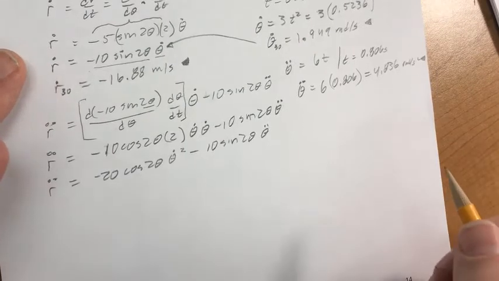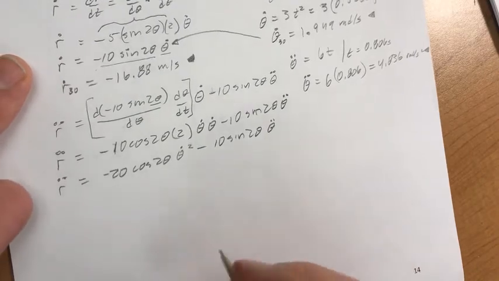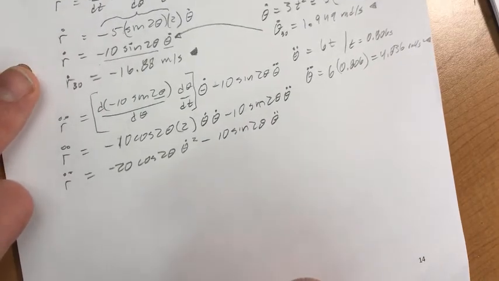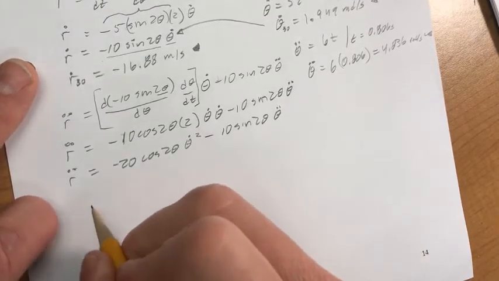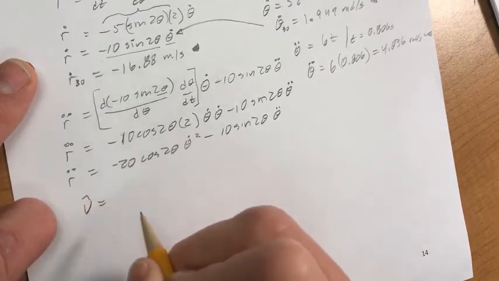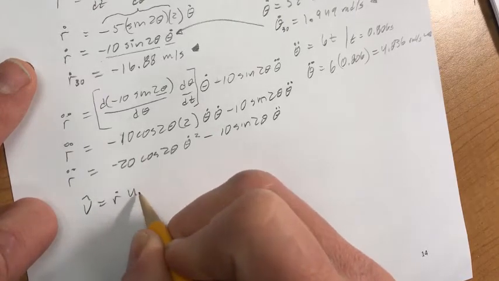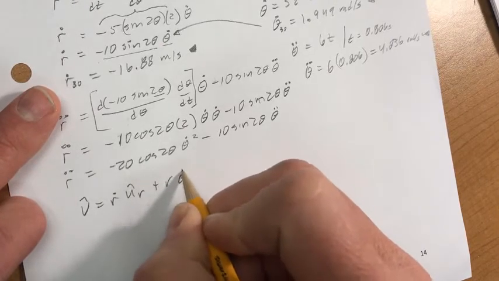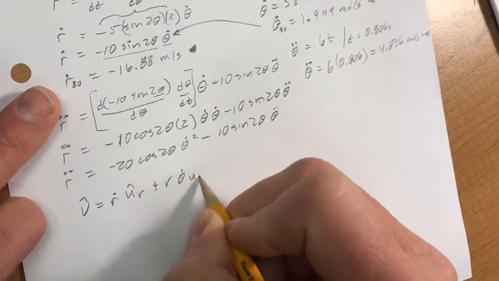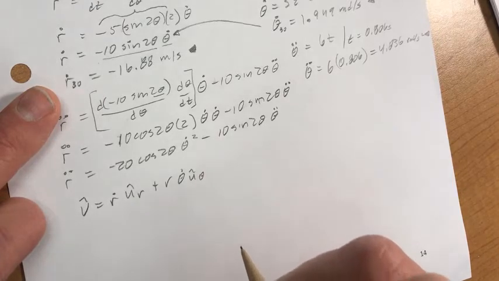Okay, but now I've got r dot, theta dot, theta dot dot. So now it's just plug and chug to get my velocity and my acceleration. So let's start with velocity equals r dot, here's my equation off my crib sheet, plus r theta dot in the theta direction. Now you plug numbers in.